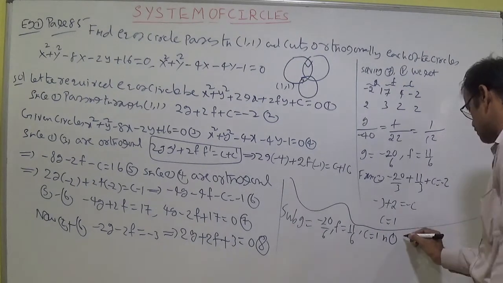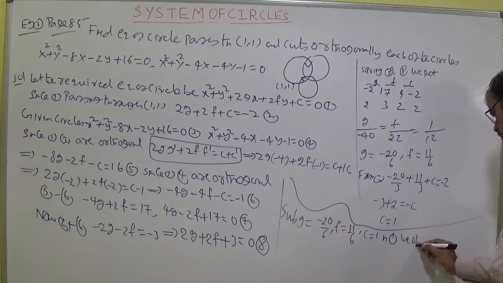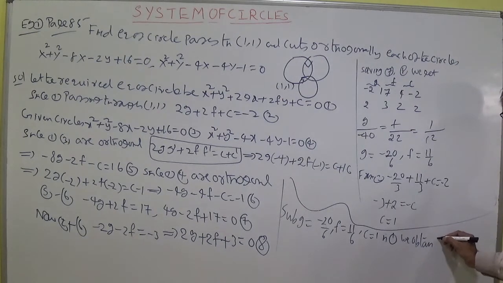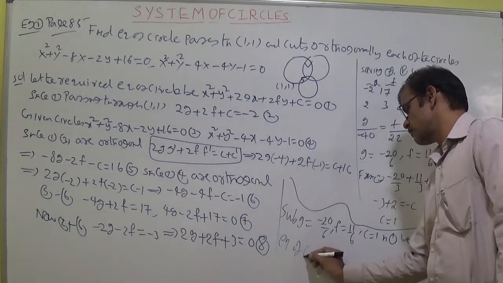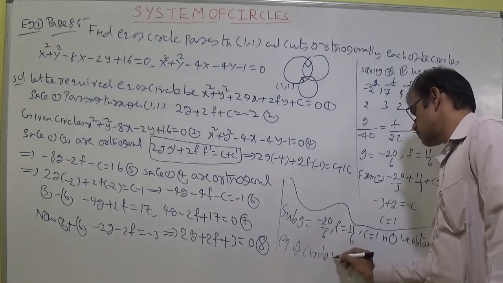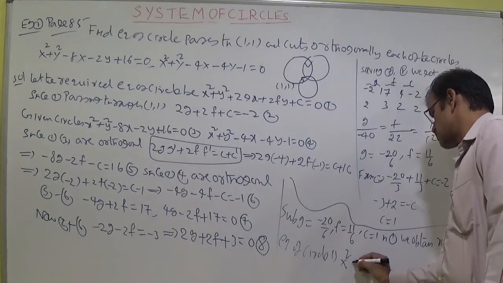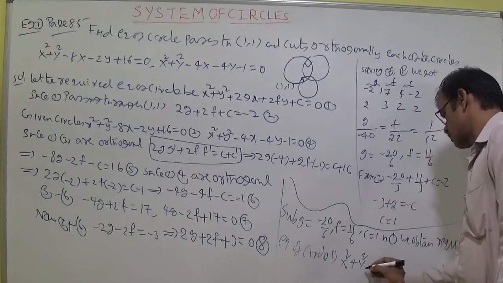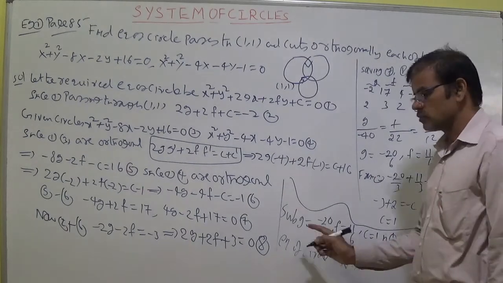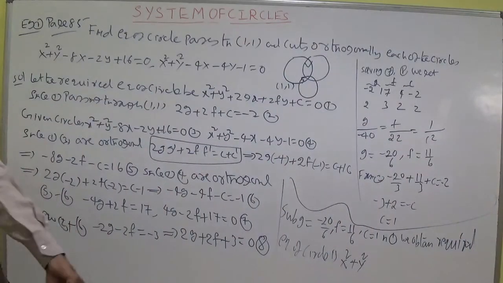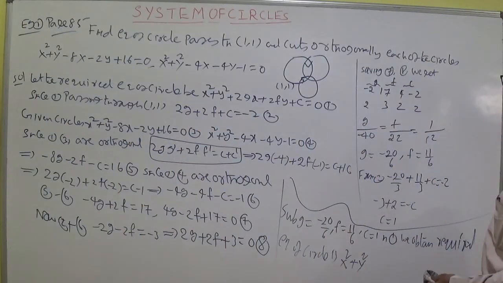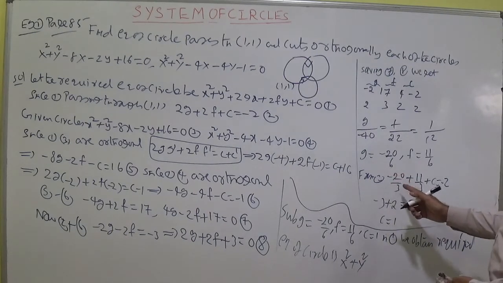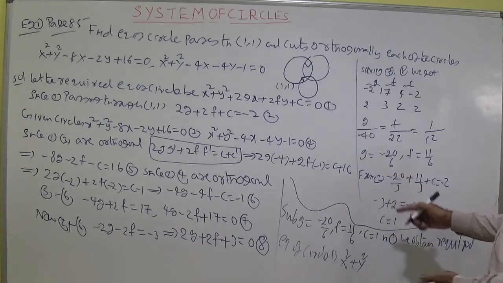We obtain the required equation of circle. x square plus y square, better to take the LCM. 2g means 2 into minus 20 by 6, here it is minus 20 by 3.